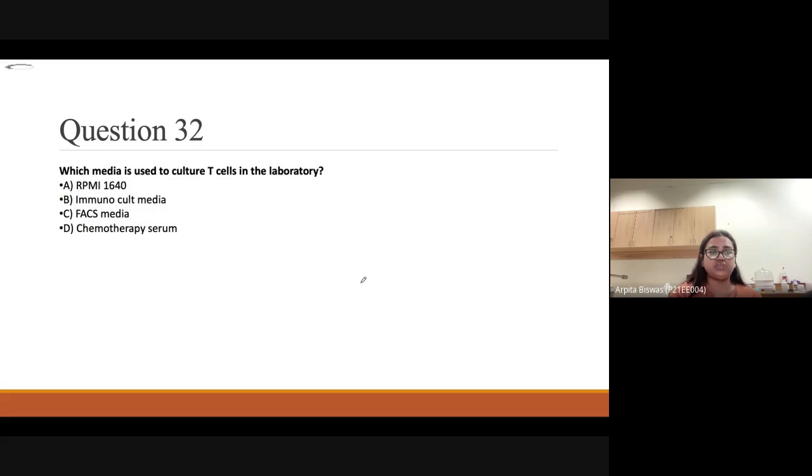Next, move toward question number 32. Which media is used to culture the T cell in the laboratory? RPMI 1640. Second option is ImmunoCult media. Third option is the FAS media. And the fourth option is the chemotherapy serum.